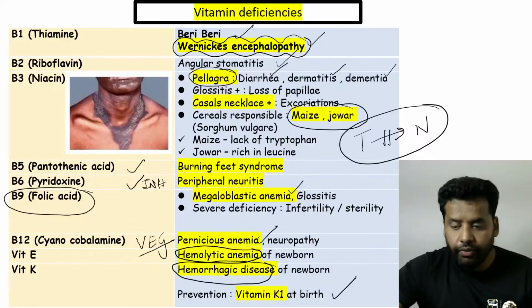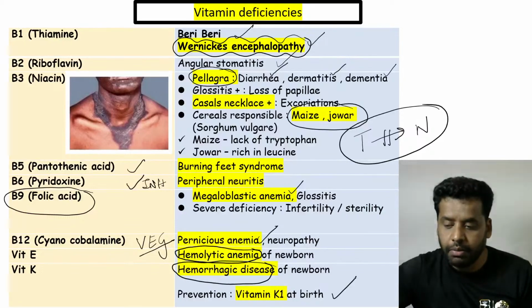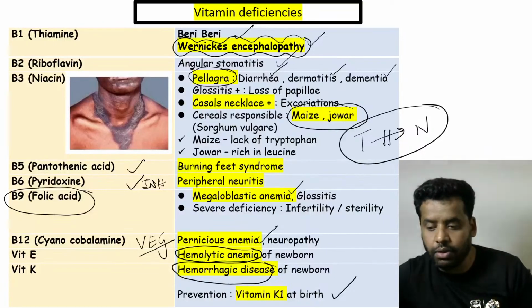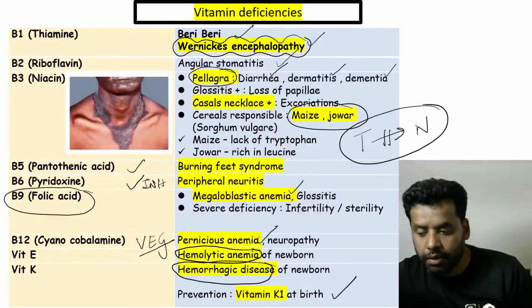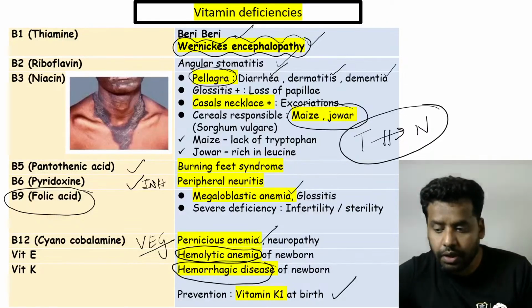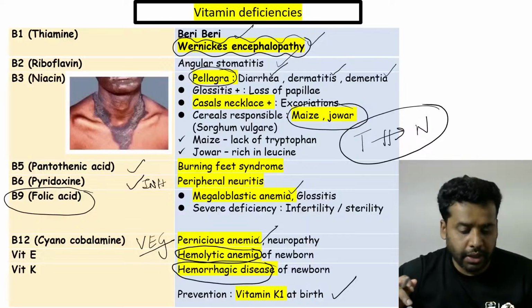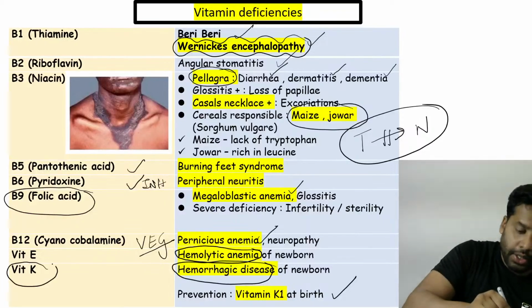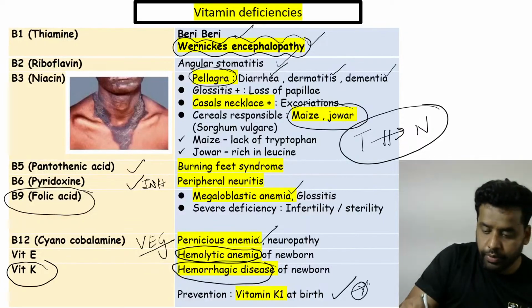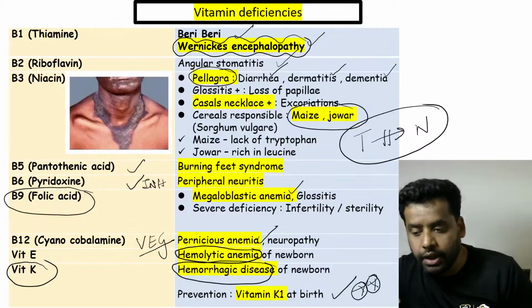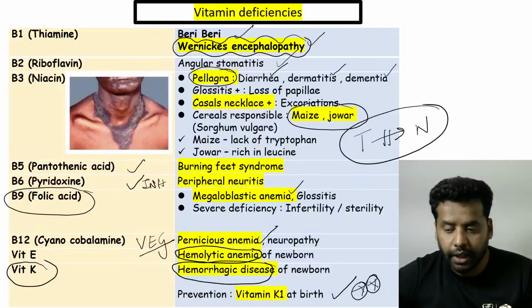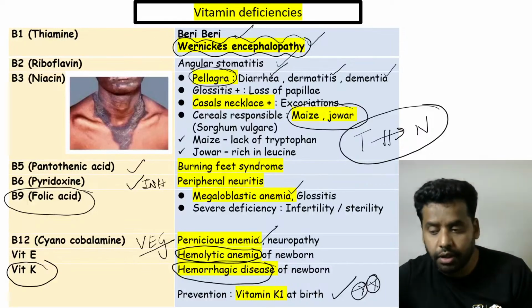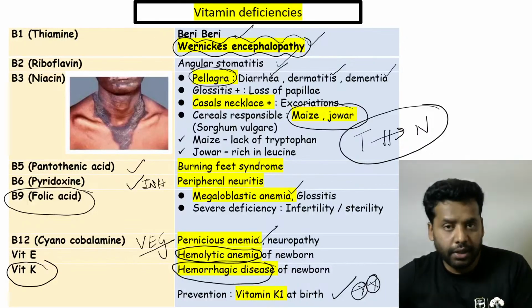That is why we advise all health workers to give vitamin K1 injection at birth. Keep this in mind: HDN, vitamin K1 injection at birth can prevent hemorrhagic disease of newborn.